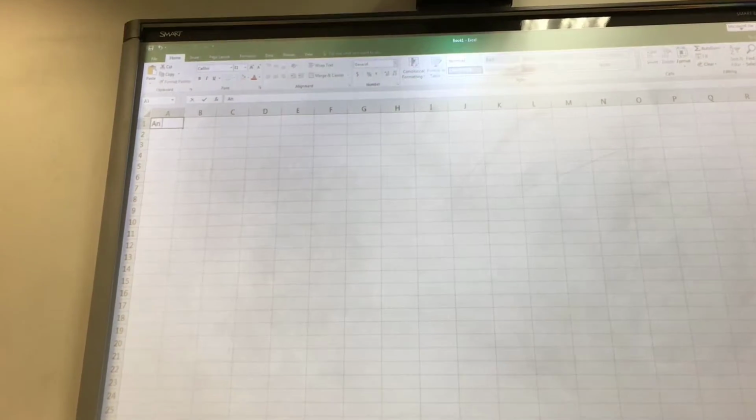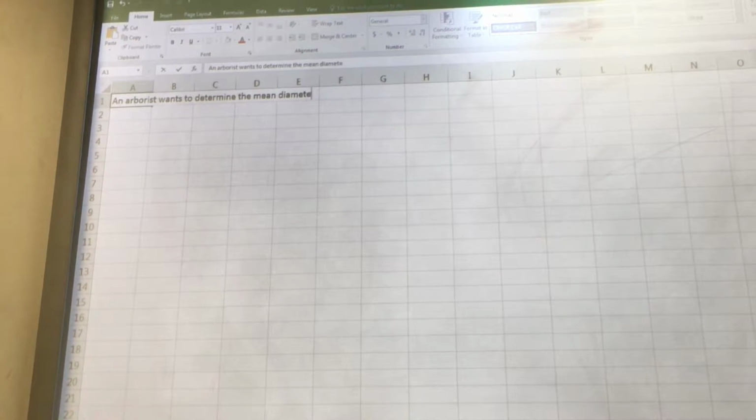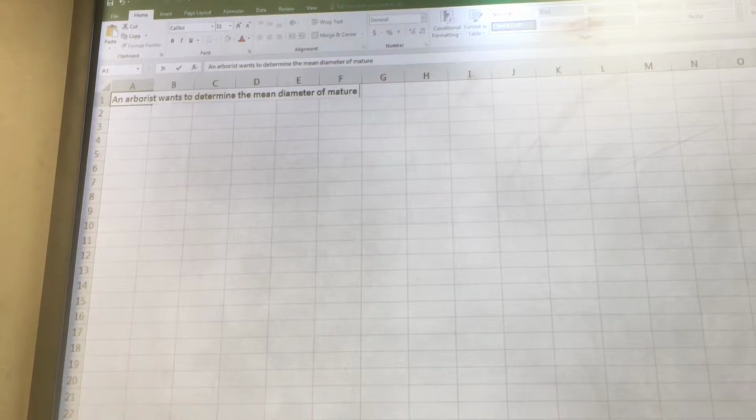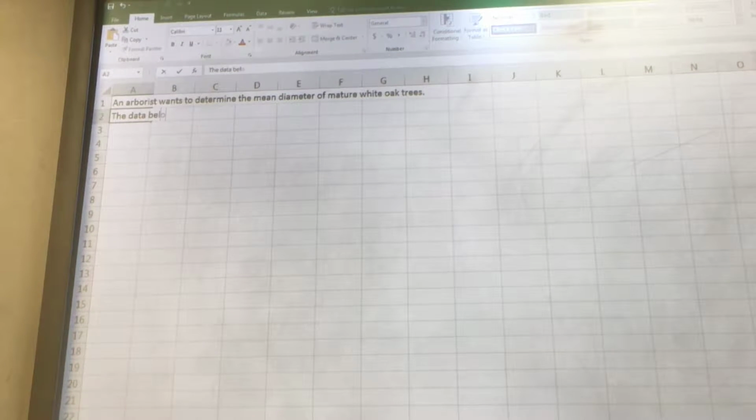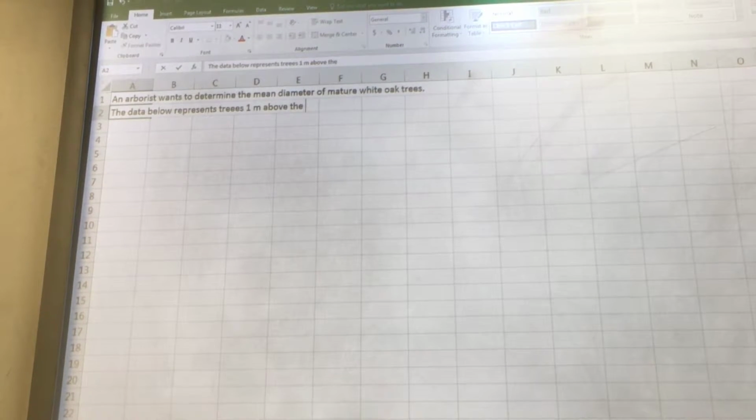Okay, an arborist wants to determine the mean diameter of mature white oak trees. The data below represents trees 1 meter above the base.